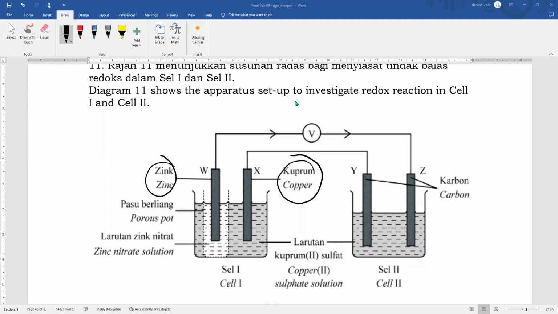Wait, so is it WX is the cathode and YZ is the anode? No. In cell 1, one of it is the anode, one of it is the cathode. So the first one, we must do cell 1 first.